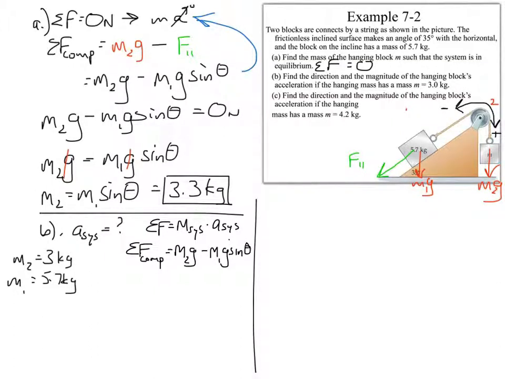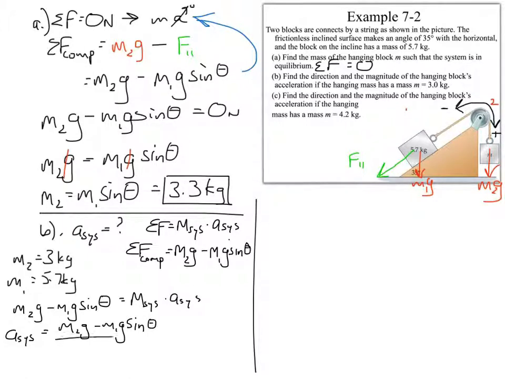So we can say that m2g minus m1g sine theta equals the mass of the system, big M, times the acceleration of the system. Therefore, the acceleration of the system is going to be mass 2 times gravity minus mass 1 gravity sine theta, divided by big M, the mass of the system.